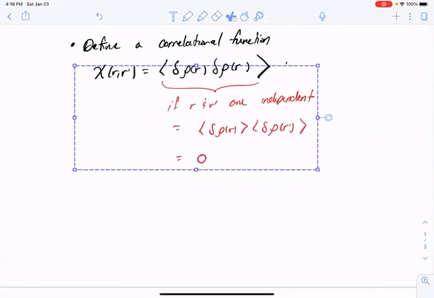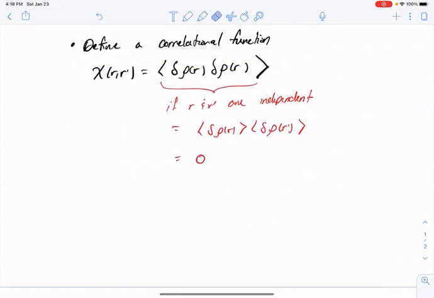We can get some insight into it by actually introducing our microscopic definition of the density and understanding the consequences for the structure of the density correlation function.